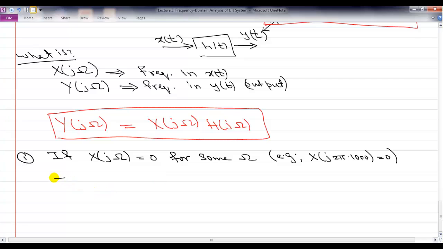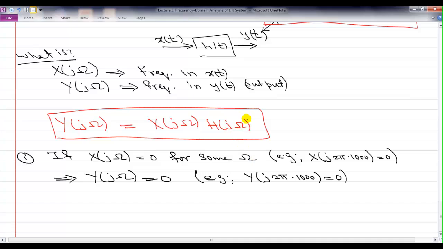So if I'm multiplying, y of j omega equals x of j omega times h of j omega, my y of j omega has to be equal to 0 also. For example, y of j 2 pi 1000 will have to be equal to 0 regardless of what h of j omega is, regardless of what the Fourier transform of the LTI system's impulse response is.